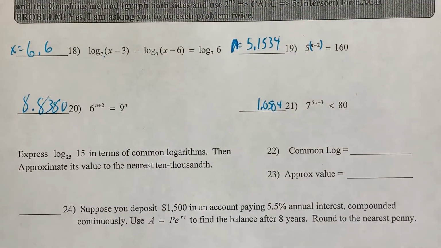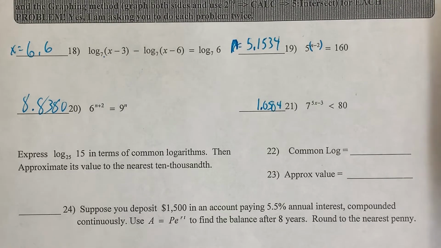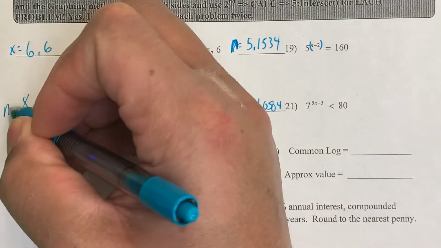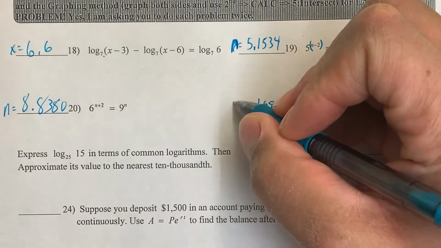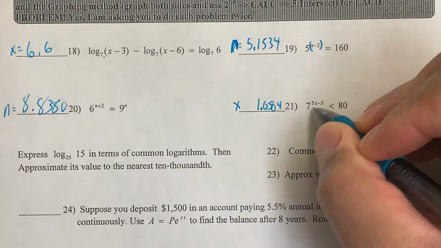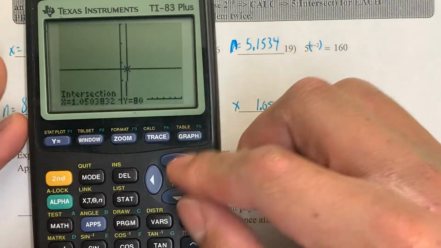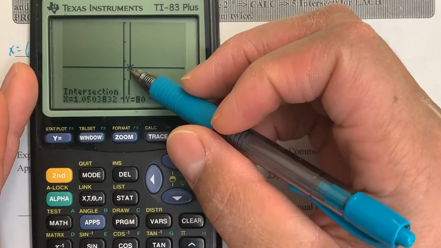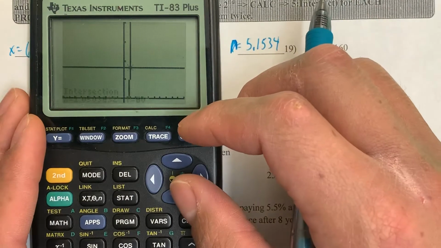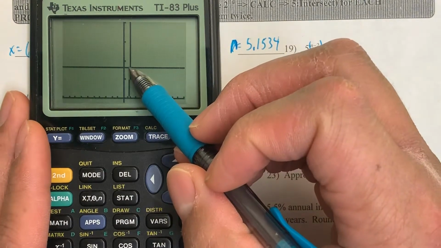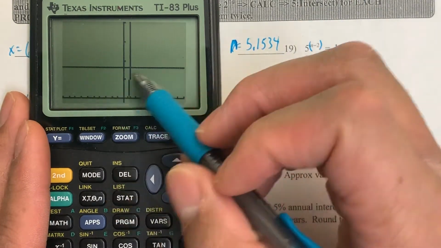Good, now it's sloppy, just like real class. And then n equals there. But now I got to figure out, okay, is x going to be less than this or greater than that? And my gut says less than, but let's check for sure, because if this is my point of intersection, I got to look at it. Do I need all the points to the left of that or to the right of that?